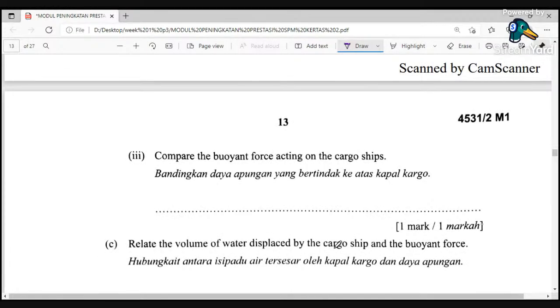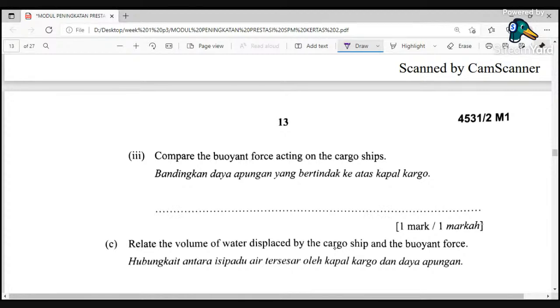Compare buoyant force acting on the cargo ship. Buoyant force equals to weight of water displaced. So daripada comparison tadi dah nampak B tu mempunyai lebih banyak volume of water displaced. Lebih banyak volume water displaced maksudnya lebih besar weight of water displaced.